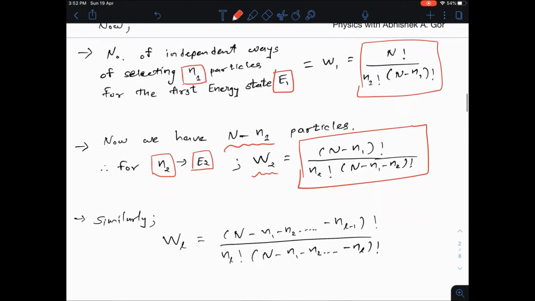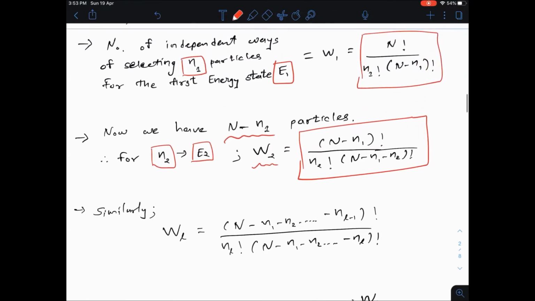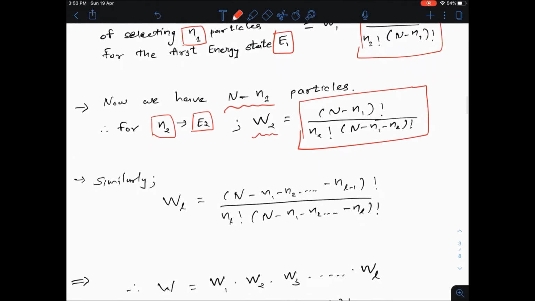Clear? Now similarly, generalizing it, we find that for the L-th state, WL is N minus N1 minus N2 and so on minus N(L-1) factorial divided by NL factorial into N minus N1 minus N2 and so on minus NL factorial. So we have these numbers W1, W2, W3 and so on up to WL.